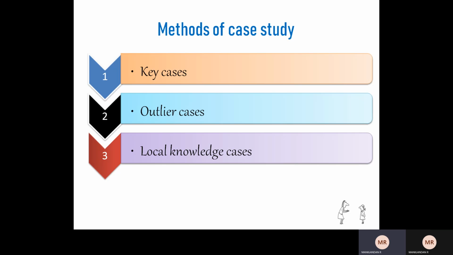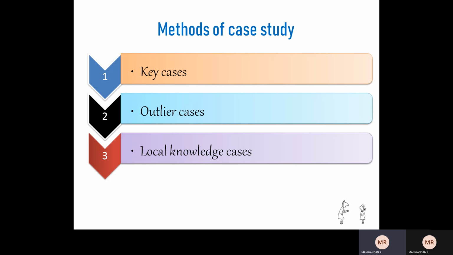Outlier cases are not in-depth cases. Outlier means how the world globally is moving on and what problems are there. It is not an inner case. The next one is local knowledge cases. The main thing is the knowledge of how you learn.